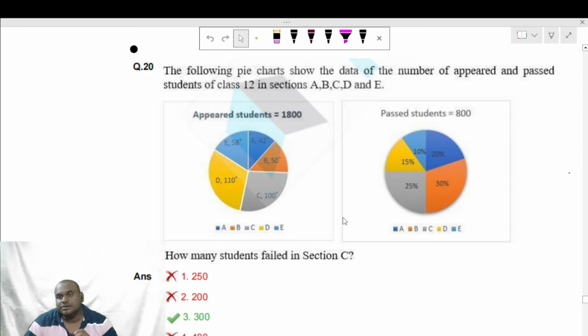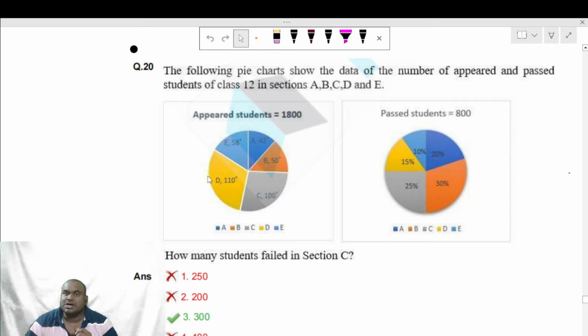So all our concentration should be shifted to only section C, because the question is about section C only, right? Observe C. Here C is having 100 degrees, and here C, the gray color, is having 25%. Our aim is to find out failed students.